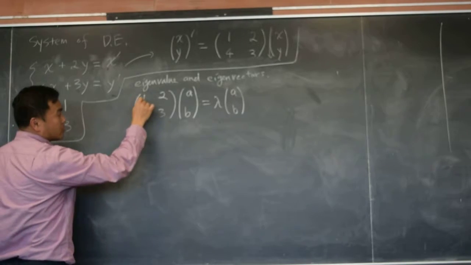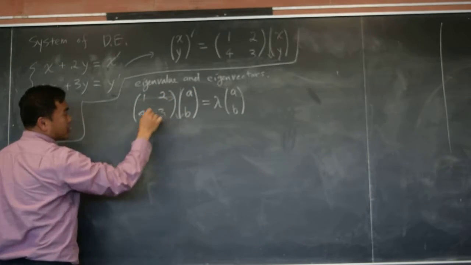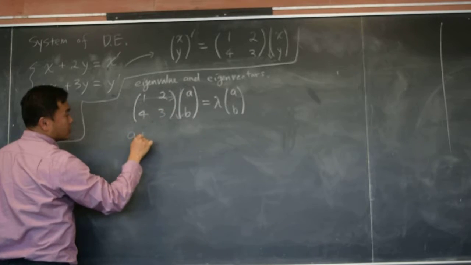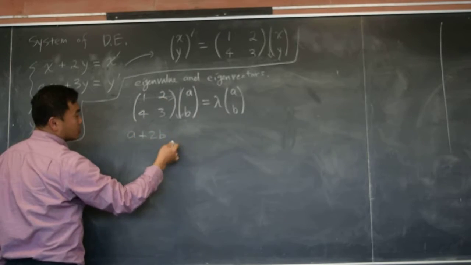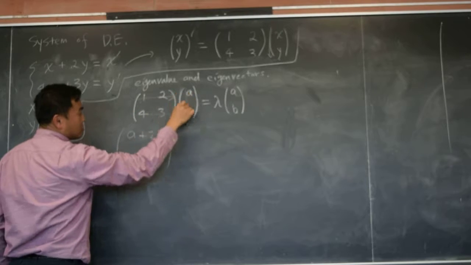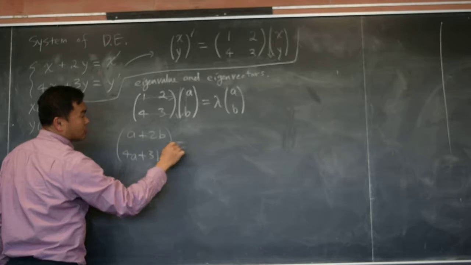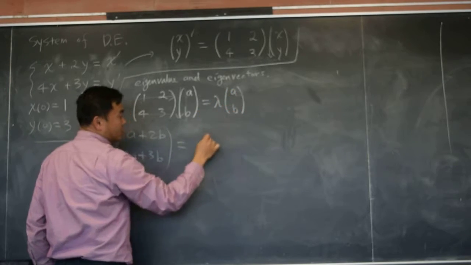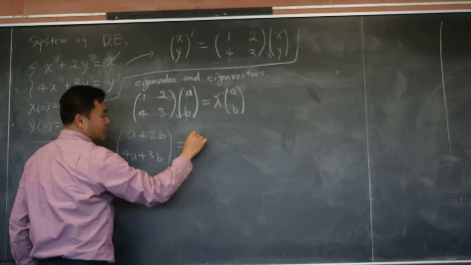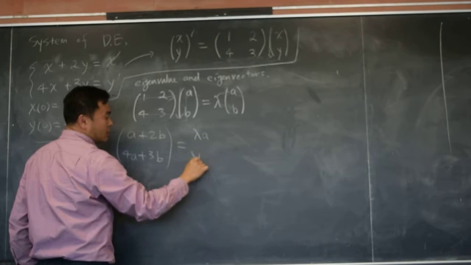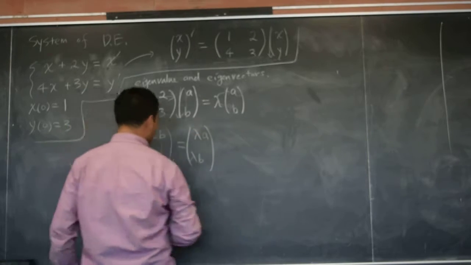If you do across-down multiplication, this is 1 times A plus 2B, and this times this gives you 4 times A plus 3B, and I'm trying to set this equal to lambda times A and B. So if you multiply, this is lambda A and lambda B, and we're trying to set them equal to each other.